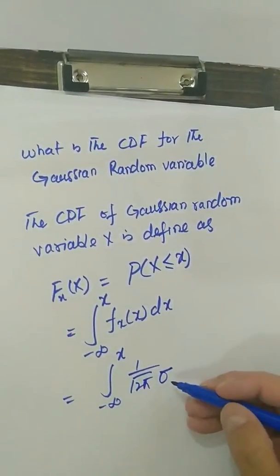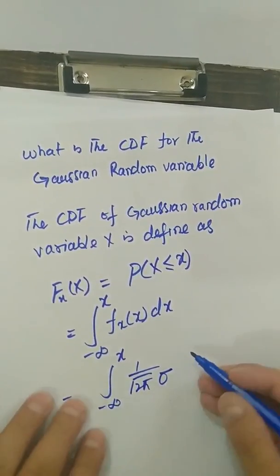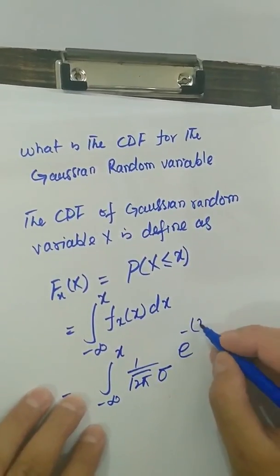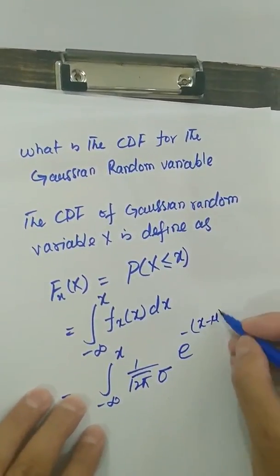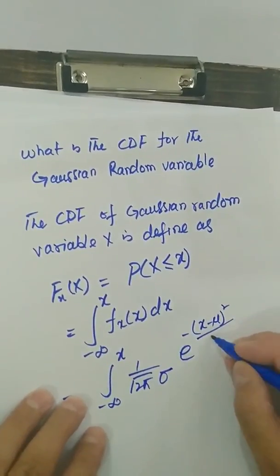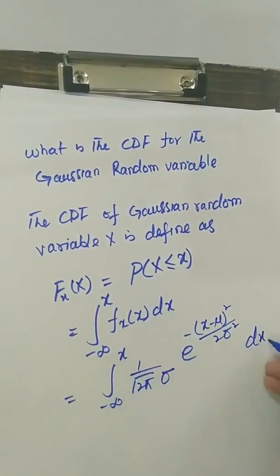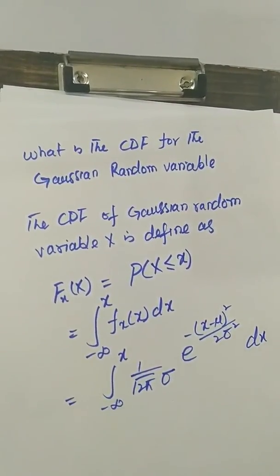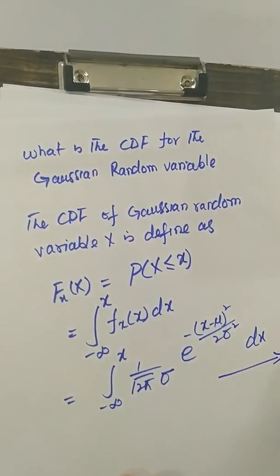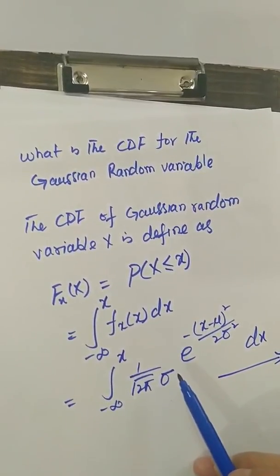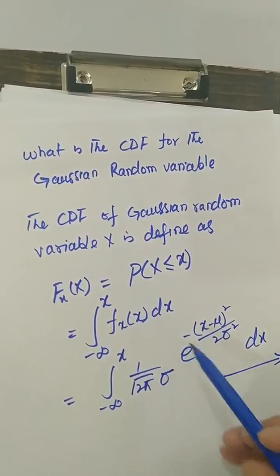Keep in mind the sigma is outside the under root, into e raised power minus x minus mu whole square divided by 2 into sigma square, dx. Now I have to stop here. I will call this equation A, because this equation has no closed form solution.